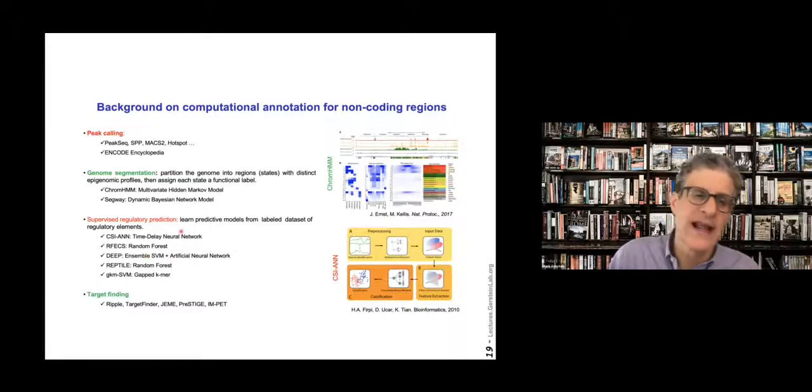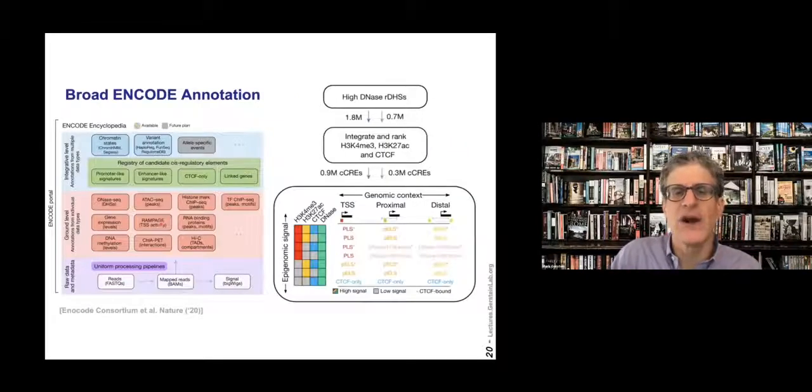And as we'll talk about later, some of these are supervised, some of these are unsupervised, and so forth. I just want to give you a sense of the simple ways of doing it. The ENCODE project is a big project that tries to annotate the human genome. It has a very simple-minded way of calling a lot of these features that basically looks at overlaps.